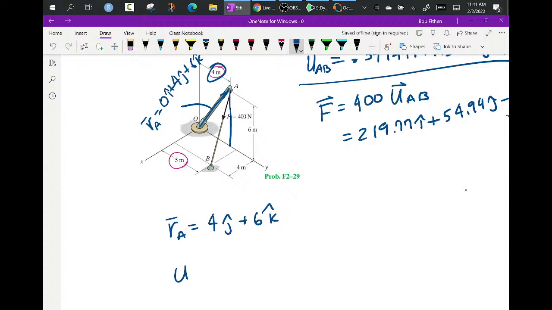Now I want to find the unit vector in the direction of A because I'm going to dot it against this force in a minute.